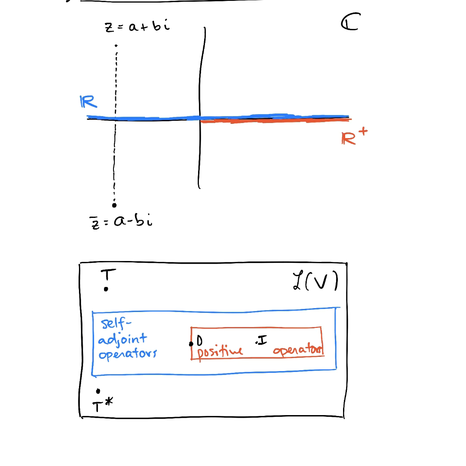Now, returning to the complex plane, certain members of the complex plane are special, in that they are 1 unit from the origin. So that circle there in green is the unit circle.